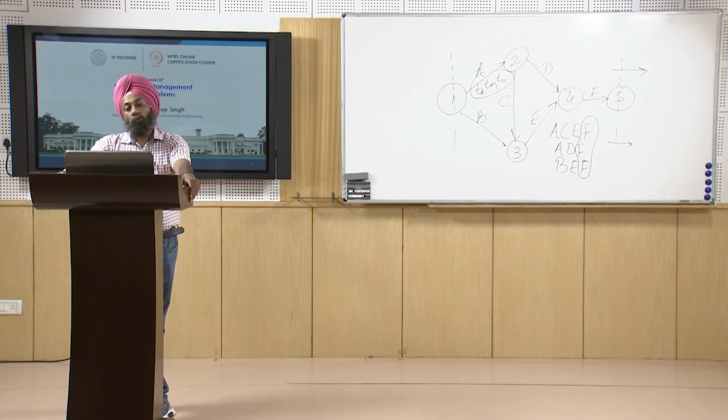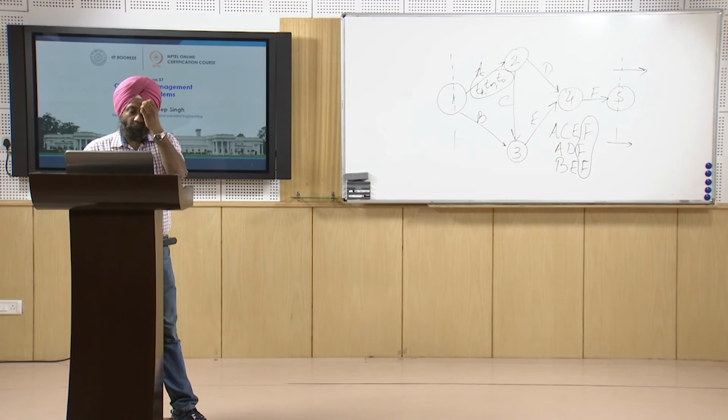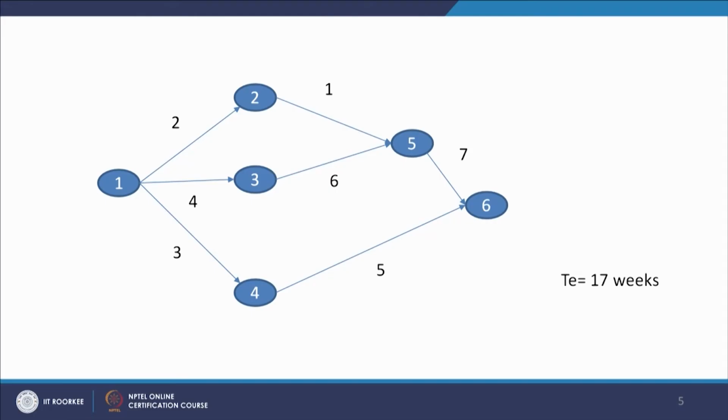Then we have to construct the network. This is the most simple form of the network, as the node numbers are already known to you: 1-2, 1-3, 1-4, 3-5, 5-6. Then we can very simply find the critical path by the easiest method: if we do not want to go into the calculations of early start, early finish, late start, late finish, we can calculate the time required for the different paths.